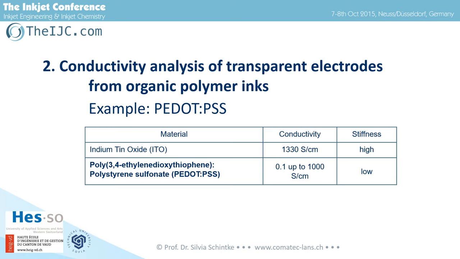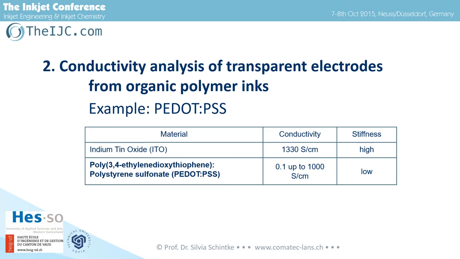So our main message today is that we have developed a test structure and a method with which we can circumvent all these problems of mechanical damage. And this is finally a method which can be applied to analyze the conductivity of polymer structures, of soft materials, and this means also of ink layers, for example.